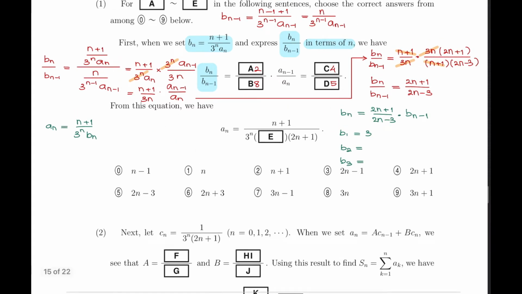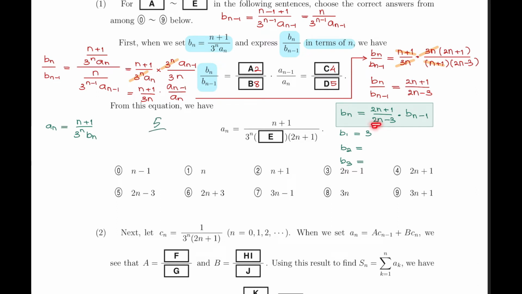How about B2? To find B2, we can use this expression. Just substitute n with 2. 2 times 2 is 4. 4 plus 1 is 5.